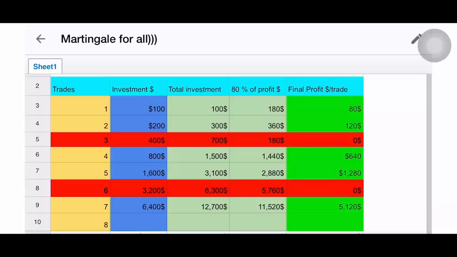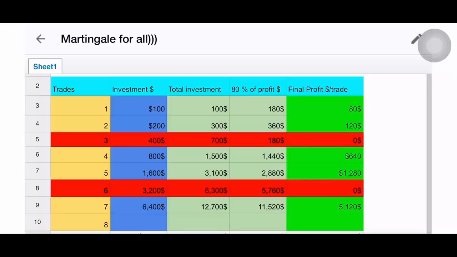So the next trade is going to be a very perfect example of Martingale, which is doubling the amount, 800. Total investment is 1500, and if I make a profit, my total income happens to be $1,440, and the final profit is going to be 640.